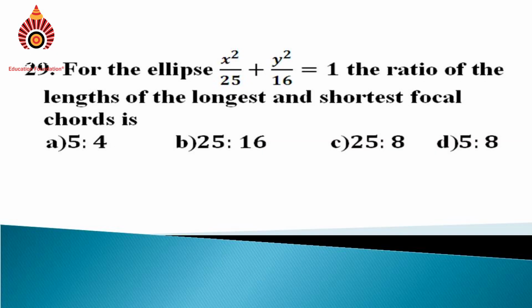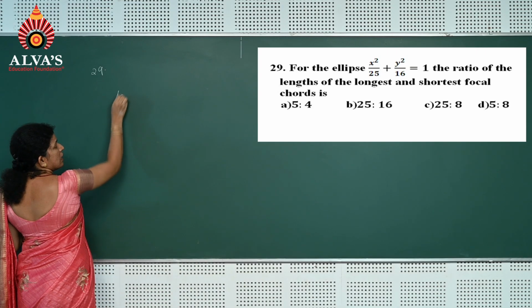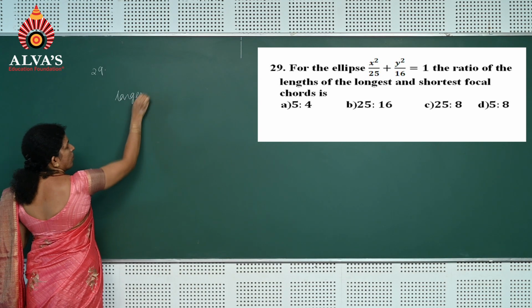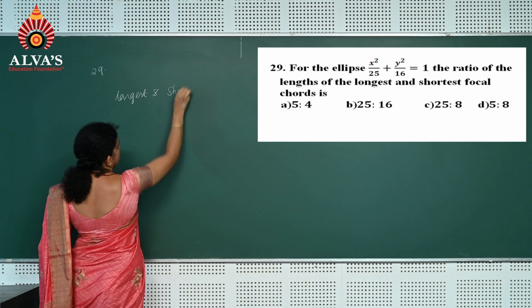Come to question number 29. The question is, for the ellipse x square by 25 plus y square by 16 equal to 1, the ratio of the lengths of the longest and shortest focal chord we want. See, the ratio of the length of the largest and the shortest focal chord.